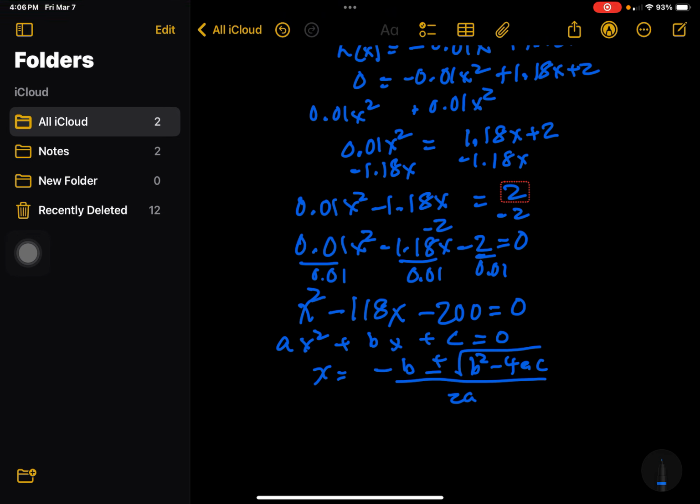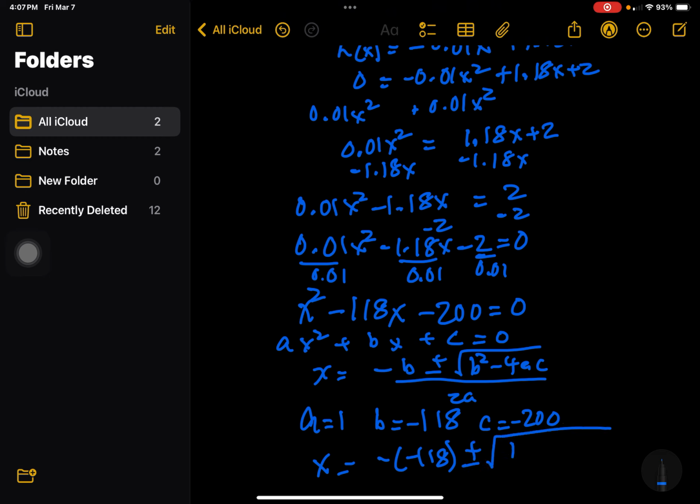In our case a is equal to 1, b is equal to minus 118, and c is equal to minus 200. So x is equal to minus minus 118 plus minus square root of minus 118 square minus 4 times 1 times minus 200, divided by 2 times a, or 2 multiplied by 1.